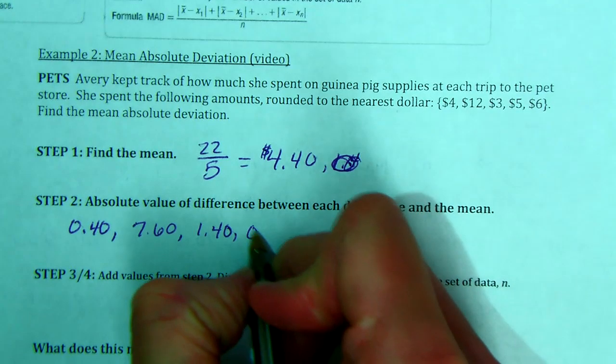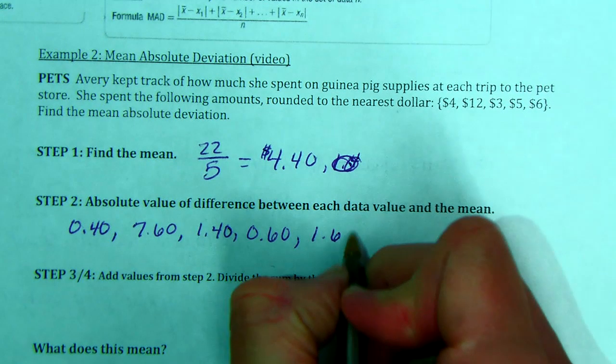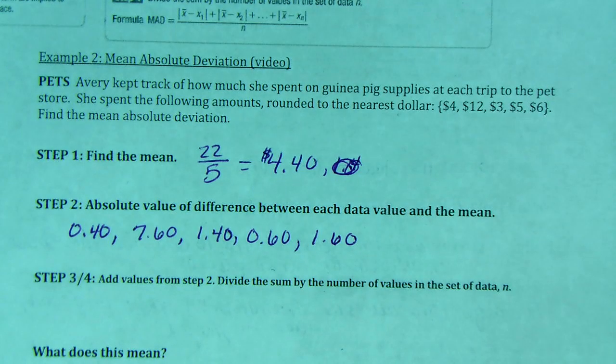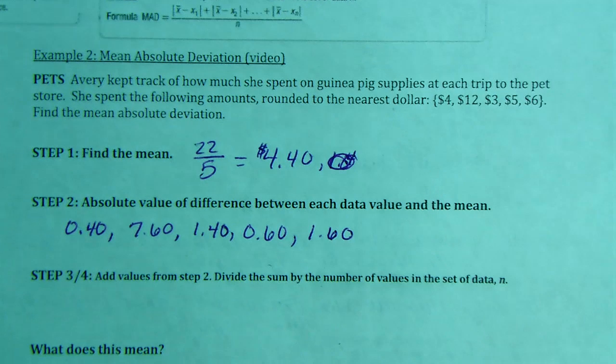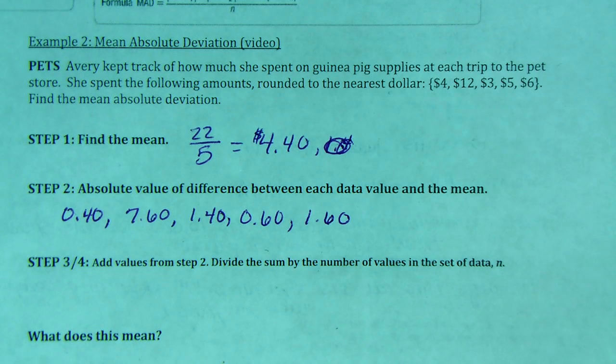All right, so finding all of those. Steps 3 and 4, we're going to add them all up and divide by 5 again because we have 5 numbers. So first add them all up. So 40 cents plus $7.60 plus $1.40 and 60 cents and $1.60 is $11.60.